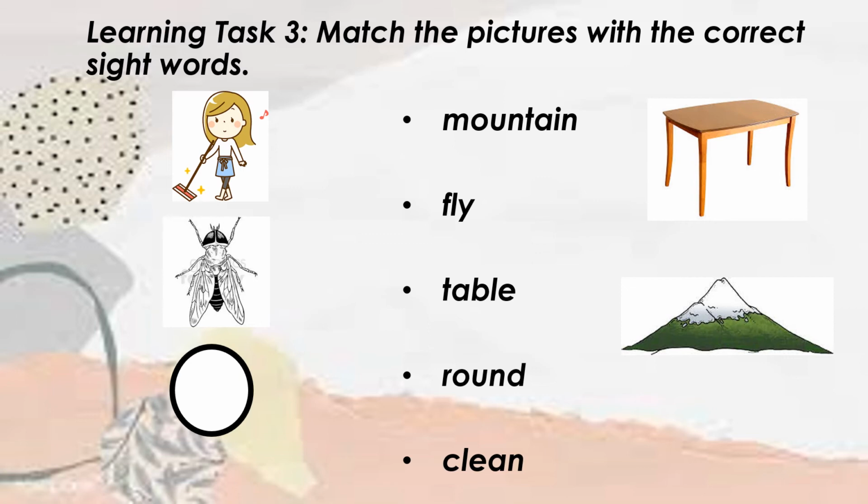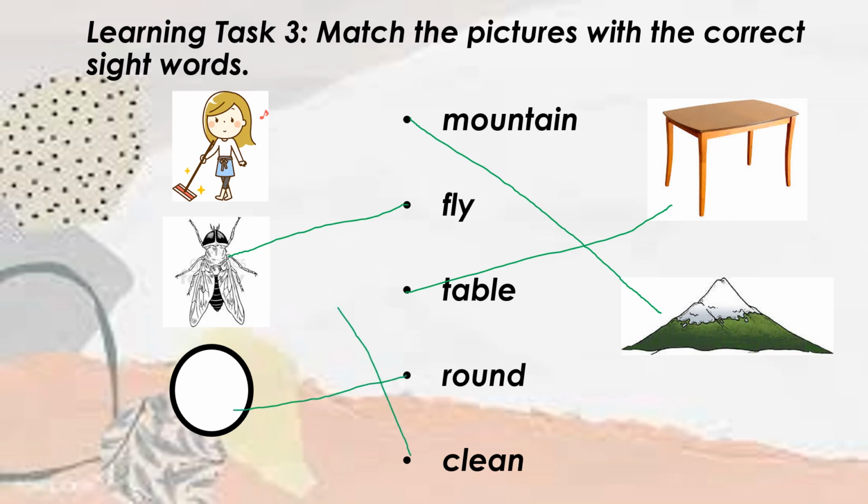Where is mountain? It's here. How about the fly? Fly. Table. Round. Clean. Okay, good.